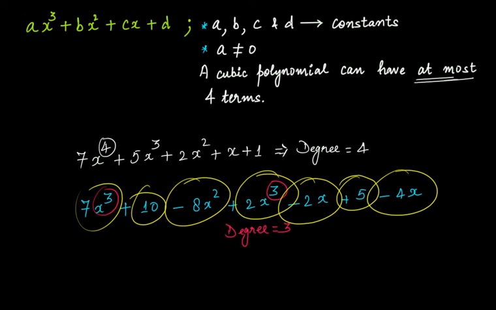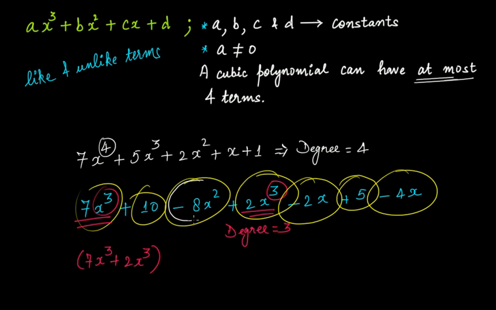Why? The concept of like and unlike terms. In this case, this is 7x cubed. Then you have 2x cubed. These two are like terms, right? Then you have minus 8x squared. This is the only term which contains x squared.